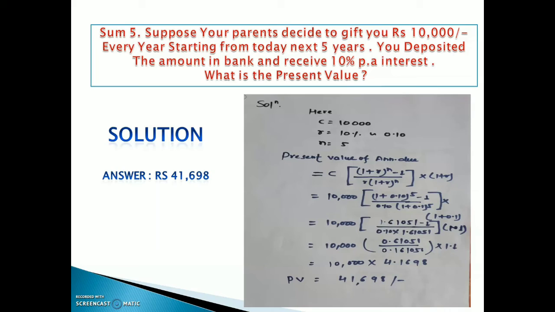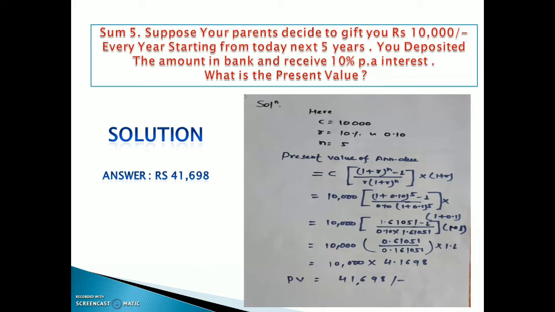Suppose your parents decide to gift you rupees 10,000 every year starting from today, for the next 5 years. You deposit the amount in the bank and receive 10% per annum interest. What is the present value?